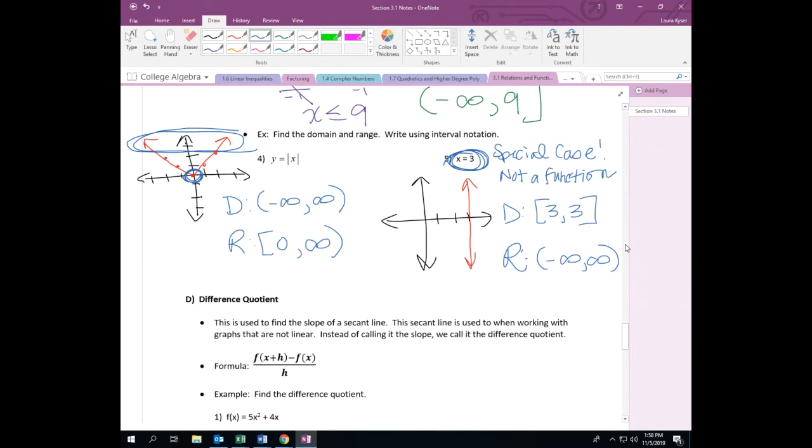And you can take a look at one if you like, and it does have domain negative infinity to infinity. It's the range that's a little bit weird on that one, but that's okay. It's still a function, so it follows the domain rules. So there's a couple examples looking at domain and range, including a special case.